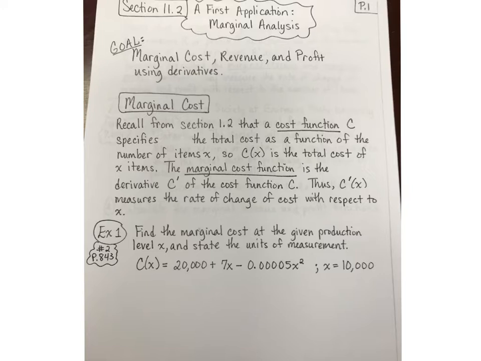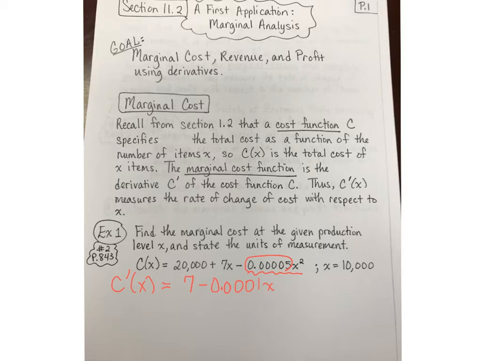First things first, we need to find C prime of X. The derivative of 20,000 is 0, the derivative of 7X is 7, and then we have minus 0.0001 X, because the derivative of this is equal to this portion times 2x.